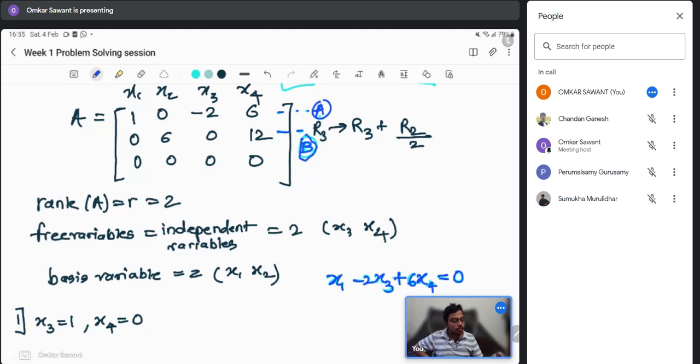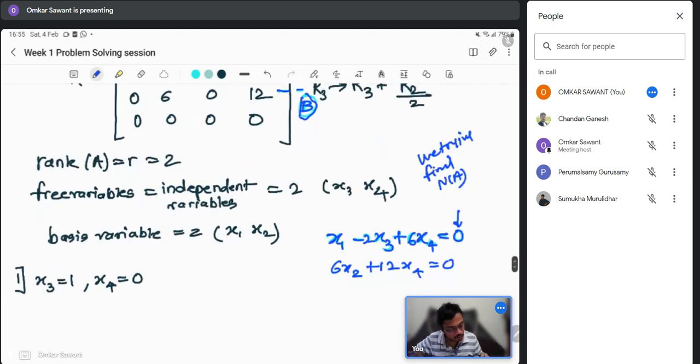Okay. So your first equation is this. The second equation is this. Why is it 0? Because we are trying to find the null space, right?